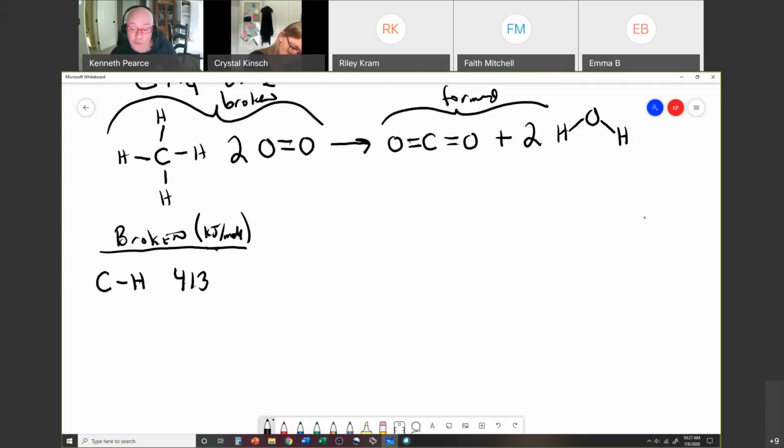How many carbon-hydrogen bonds do we have, though? There are 4, and I'm going to put it in blue here, 4. See, arrow, arrow. There are 4 carbon-hydrogen bonds.